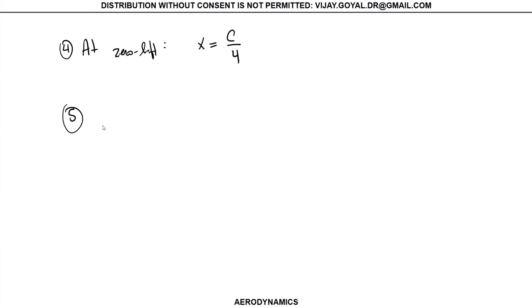Then your moment requirement would be Cm.